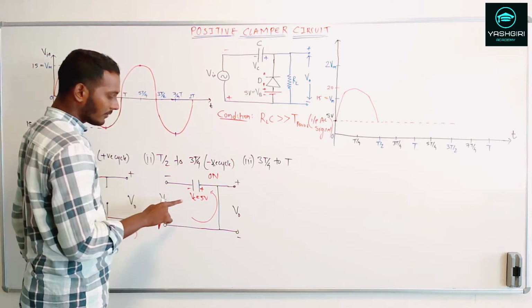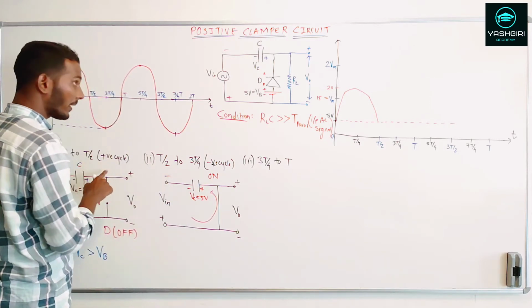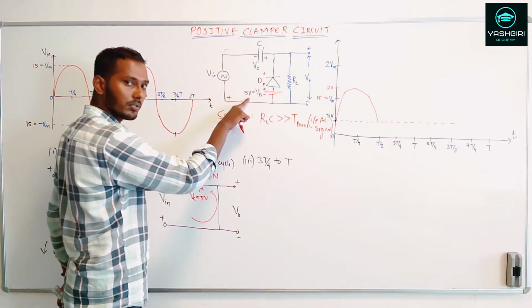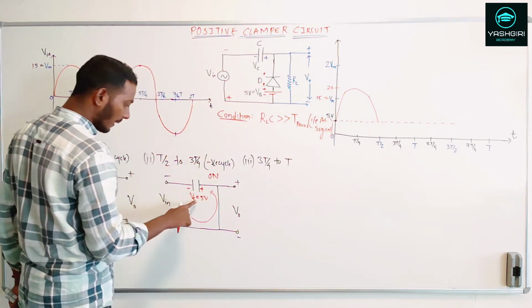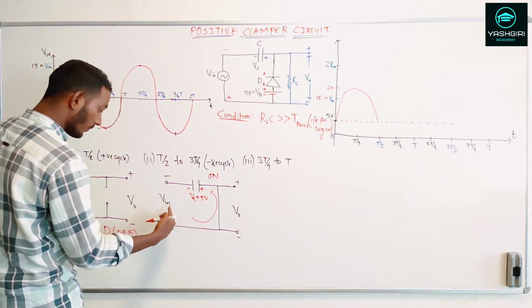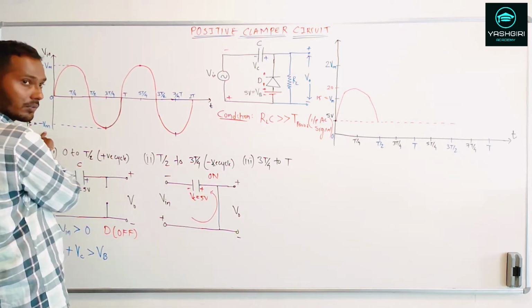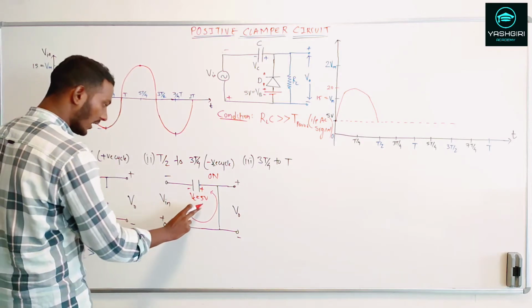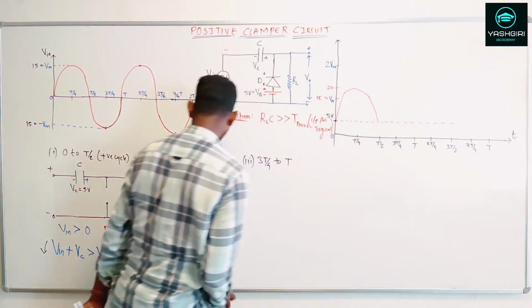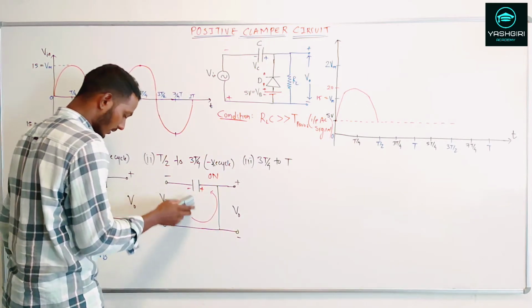In the previous step, at the initial start, the capacitor voltage was 5 volts. Now the capacitor voltage, from 5 volts, will charge to this V in up till the maximum minus Vm. So when it charges, the capacitor voltage will increase by Vm volts.